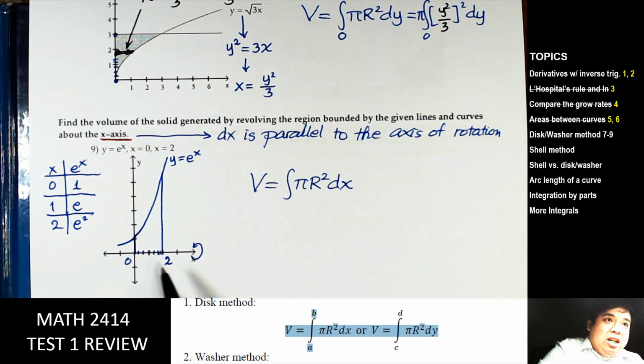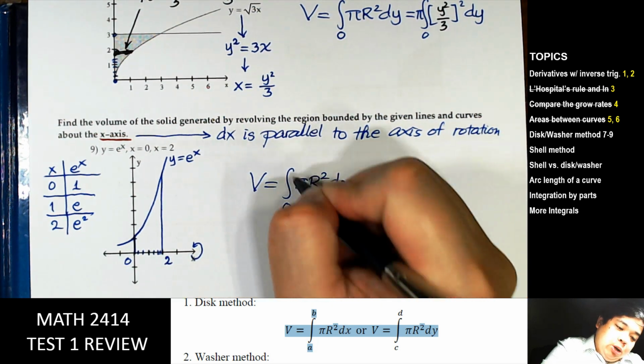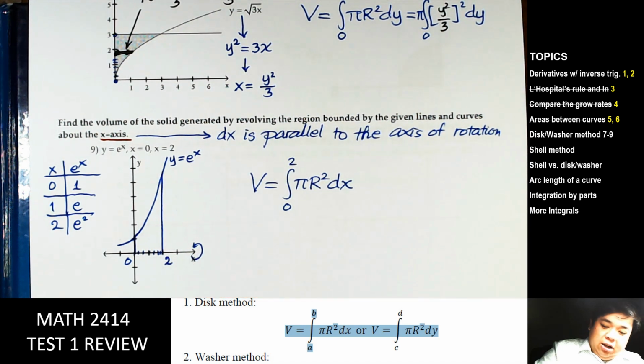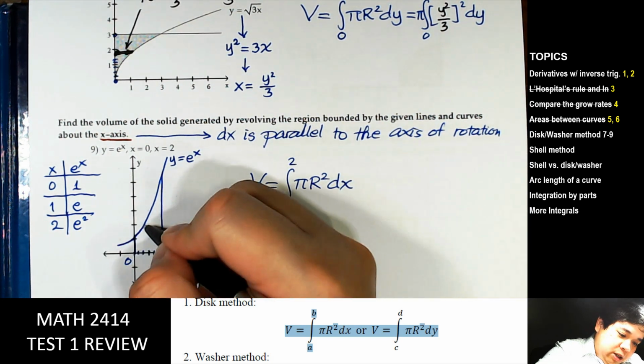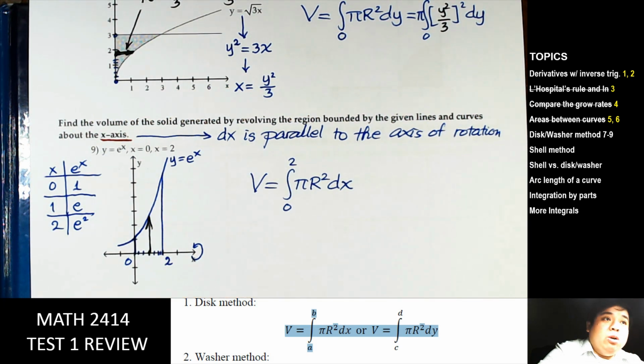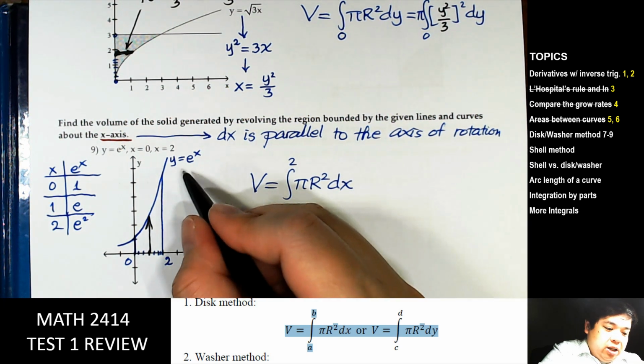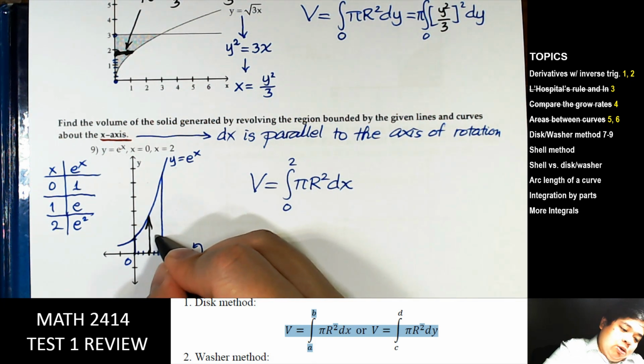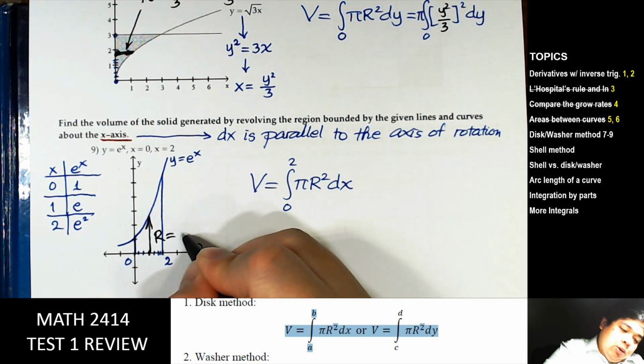The limit for x in the region is 0 to 2. And then the radius will be just from the axis of rotation to the edge of the region, which is e to the x. So r equal to e to the x.